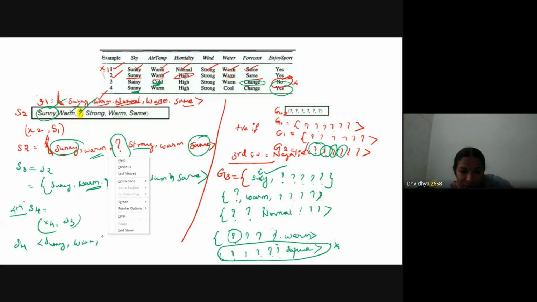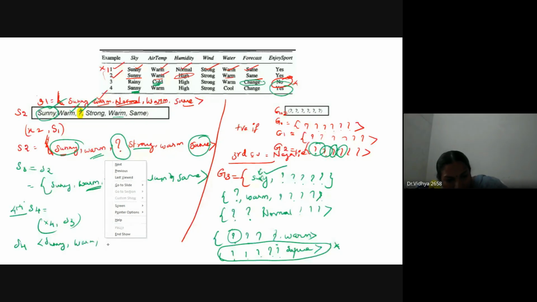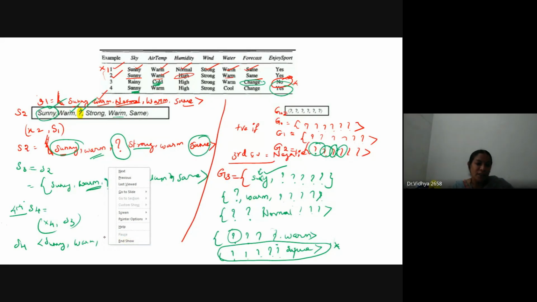So obviously we will follow the question mark, because in this attribute the question mark is written in S3. Next attribute is strong, and the other is also strong, so both are the same value and you get strong again.